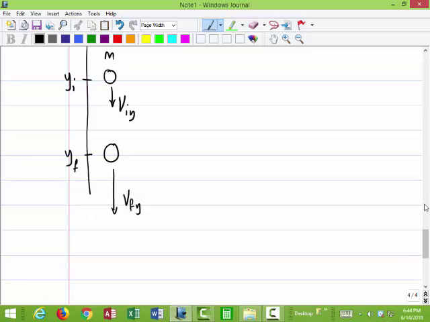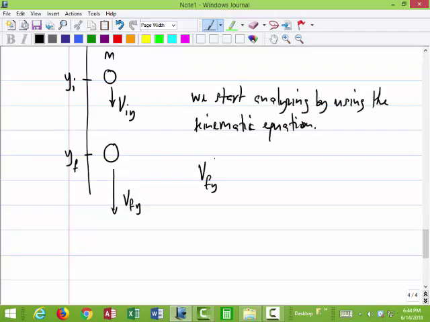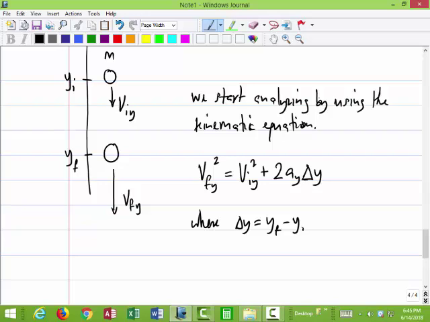We can start off by using our kinematic equation. So let's use v_fy squared equals v_iy squared plus 2 a_y delta y, where we can say that delta y is equal to y_f minus y_i, and a_y is the acceleration of gravity, and we're using the acceleration of gravity a_y to be minus g.